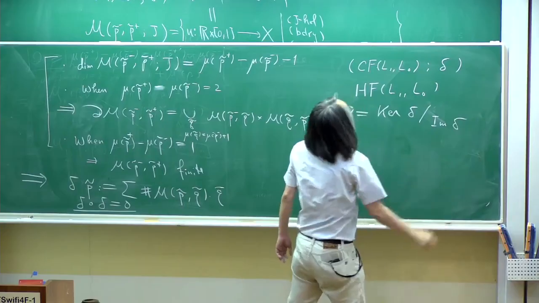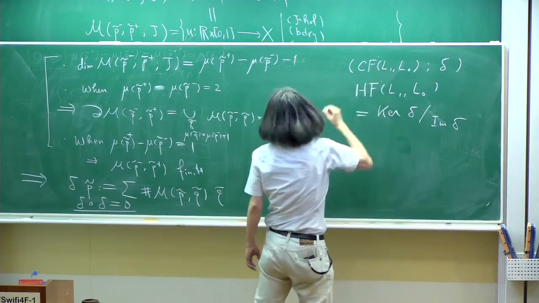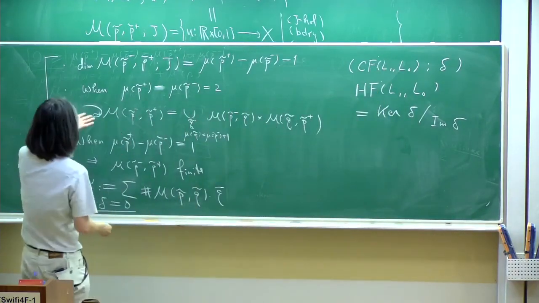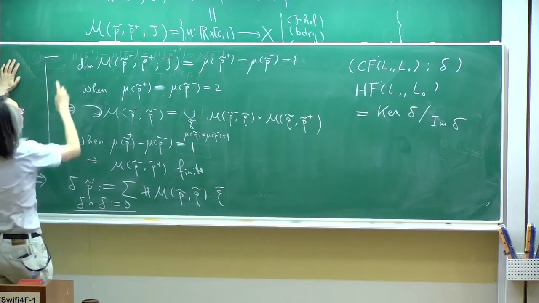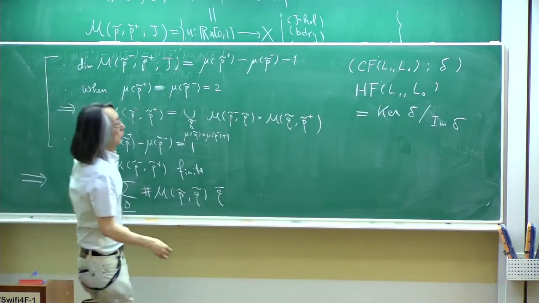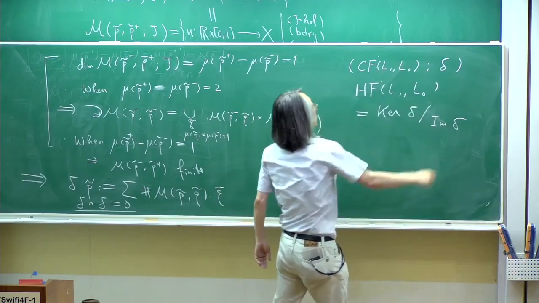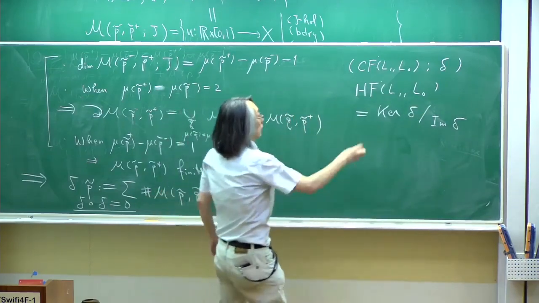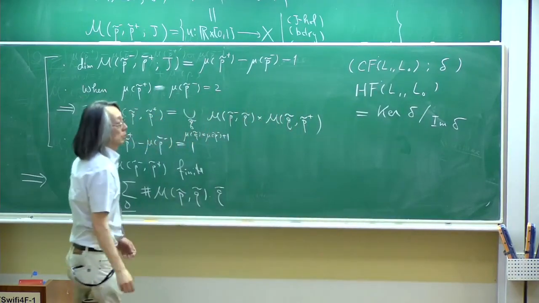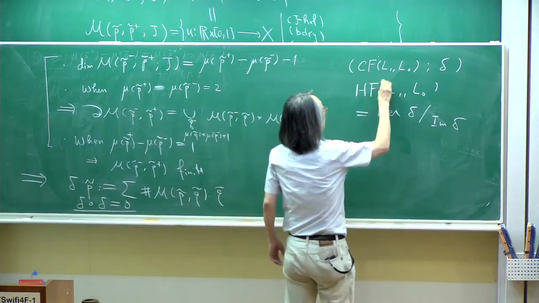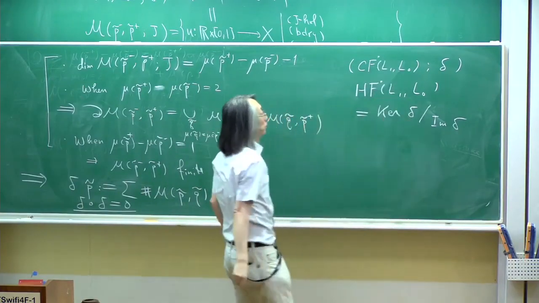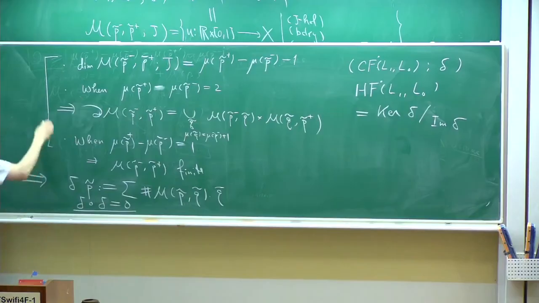This CF has grading by mu, and therefore this is a Z-graded chain complex, and this also has grading. So this is a graded module. This may not be true, but if it is the case, it is true.